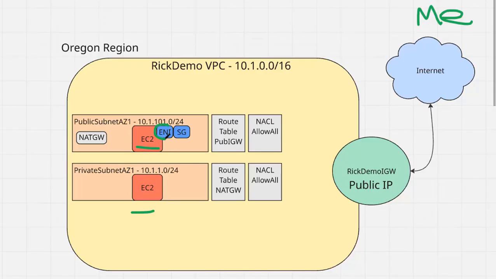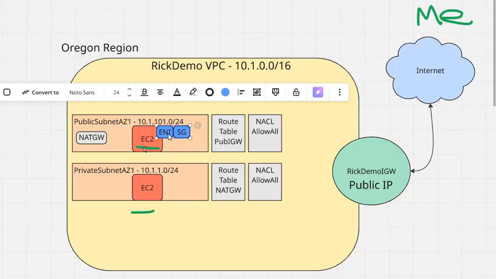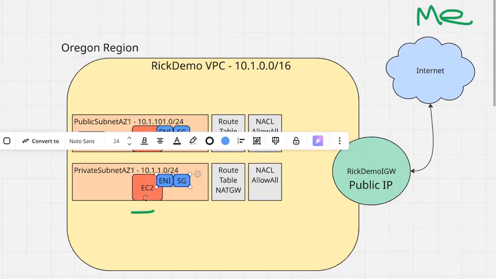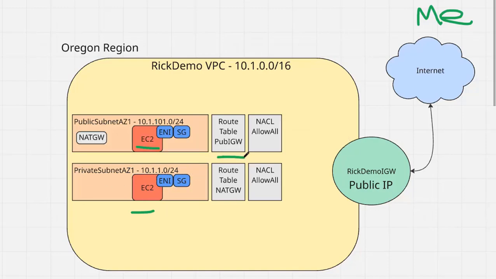We can put it in the same security group, or we could just set up our security group rules to make this work. But what I've done here is put both of these EC2 instances in the same security group. And remember, my route tables have that local route. So if I'm trying to communicate with an EC2 instance that's in the same VPC, I know that the routing is going to be there.